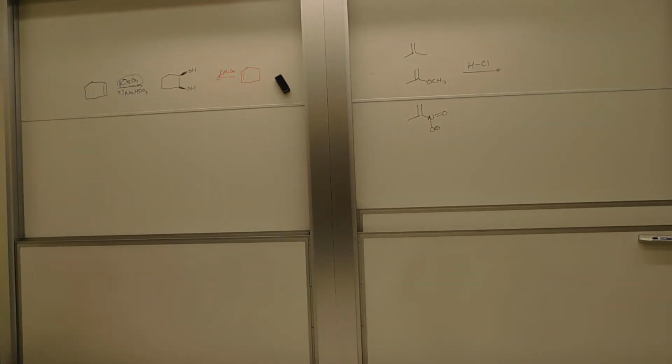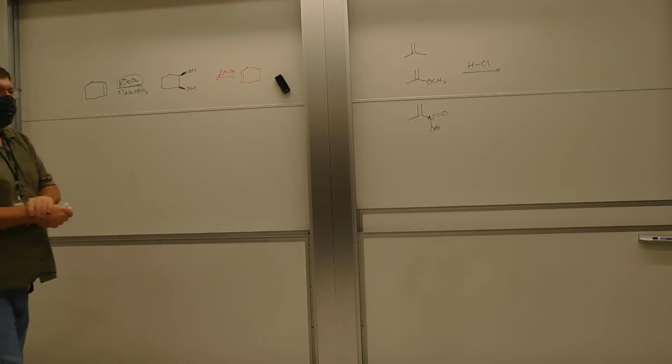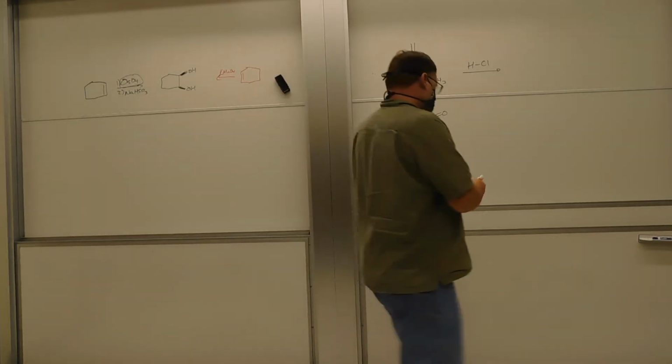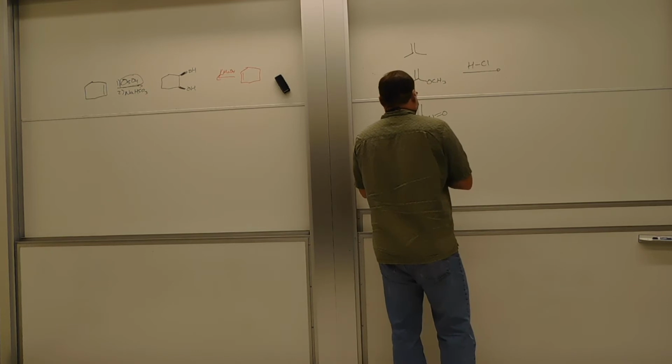I've only drawn one arrow there with HCl, but you're going to use HCl on all of them. You're going to add HCl across those double bonds. So draw the product you would get, and then rank the reactions. Which one of these reactions is the fastest, and which one is the slowest?